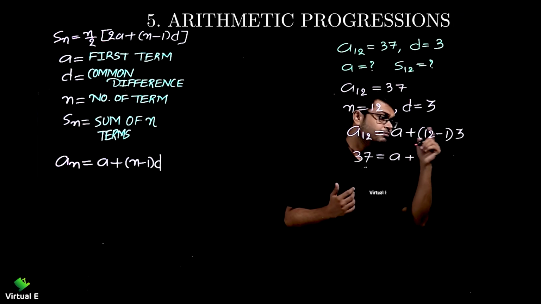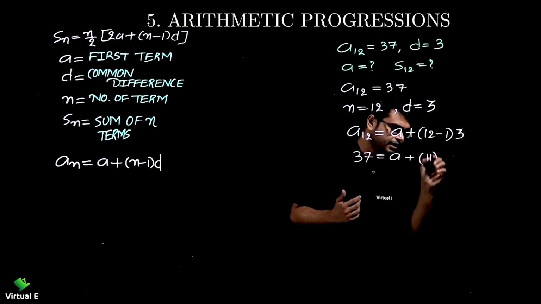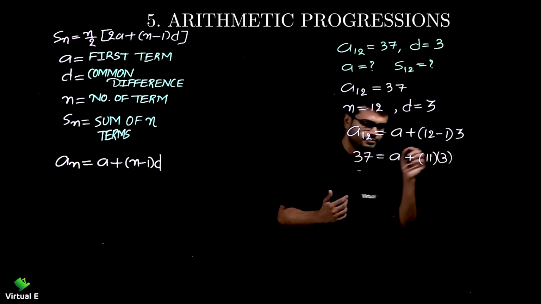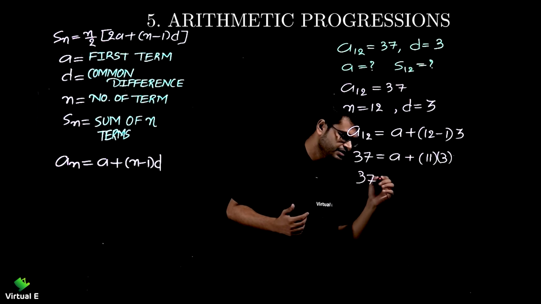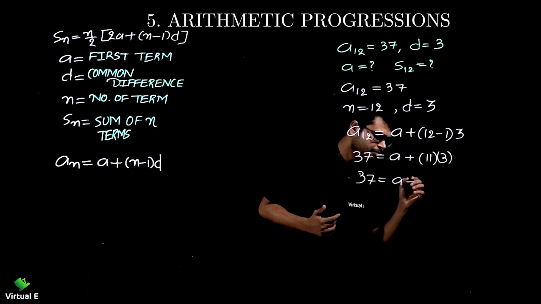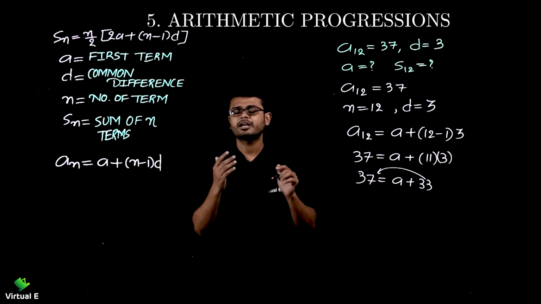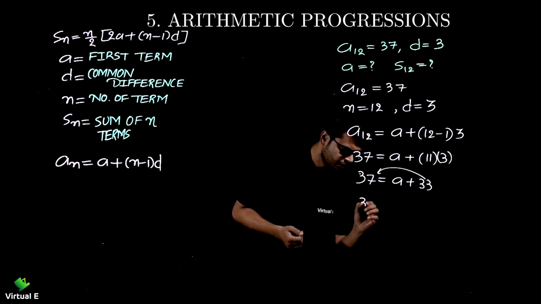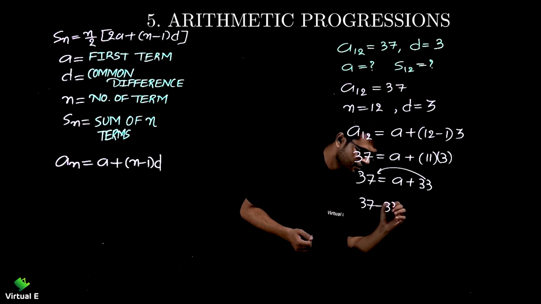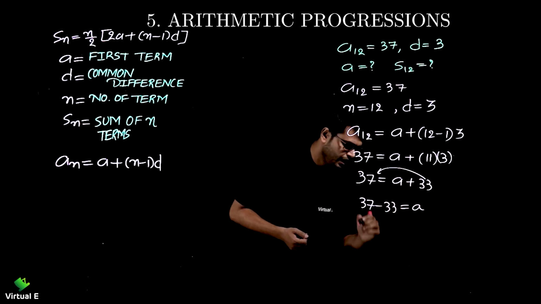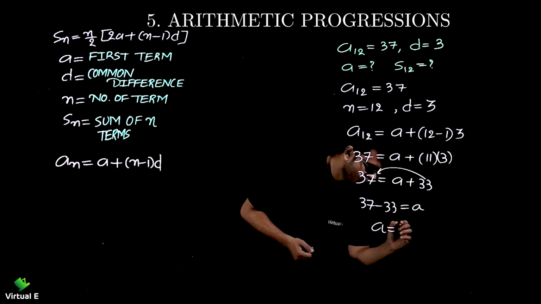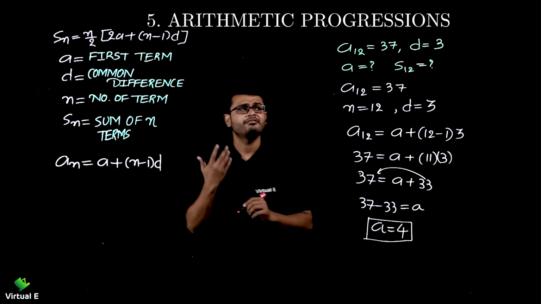Then 12 minus 1, that is 11, and 3 over here. Let's simplify. 37 is equal to a plus 33. Let's shift it over here, that will become negative. So 37 minus 33 is equal to a. So the value of a is what? 4.